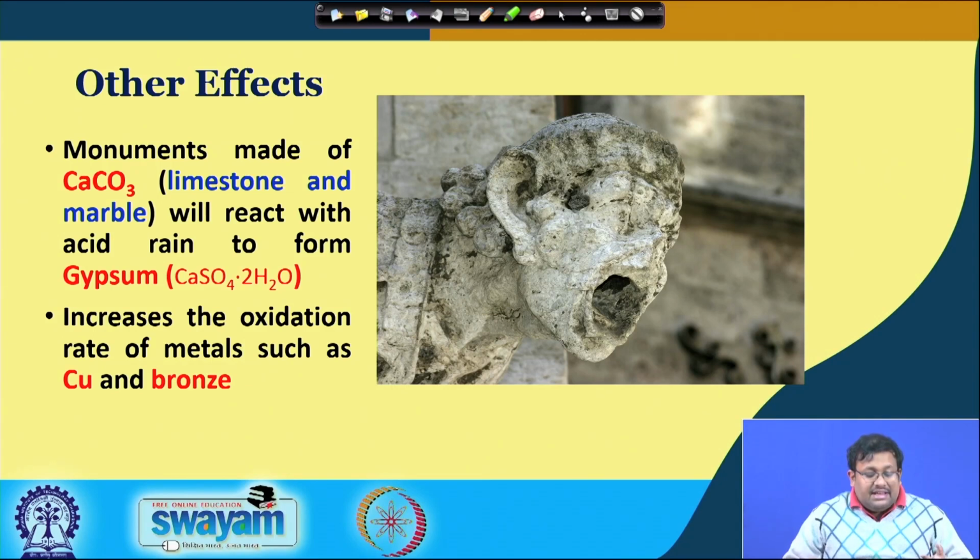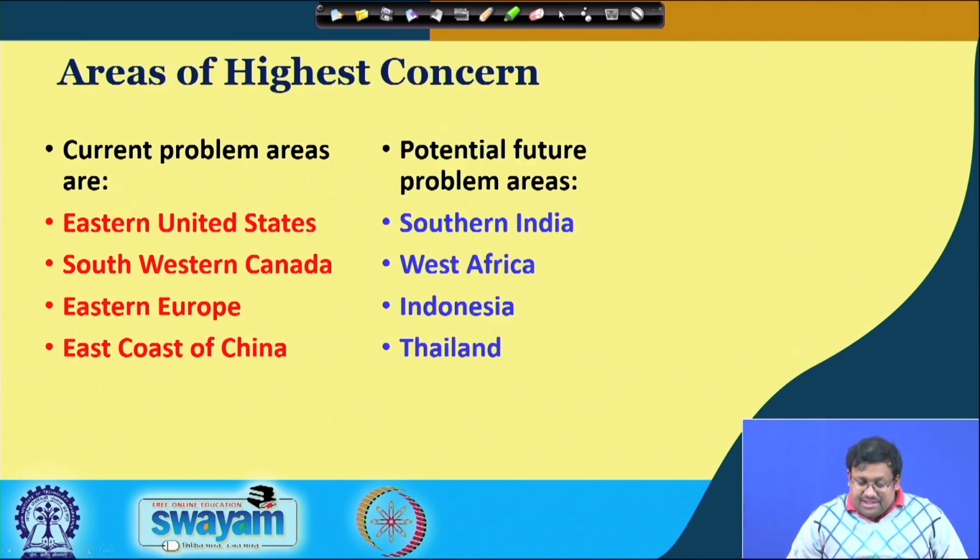So it increases the wearing of limestone and marble. Also, it increases the oxidation rate of metals such as copper and bronze. As you can see, this is a monument damaged due to acid rain. So this also shows the negative impact of acid rain on our current civilization.